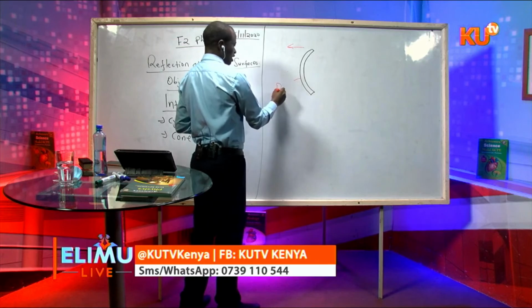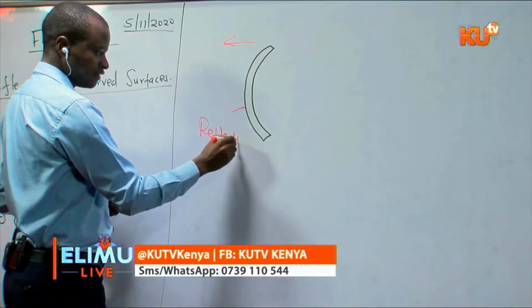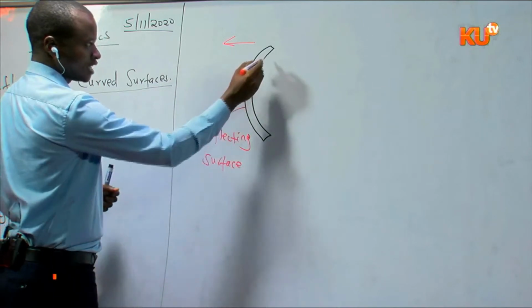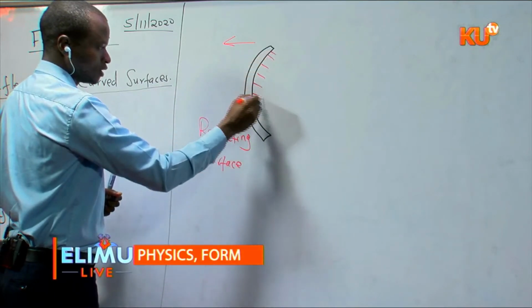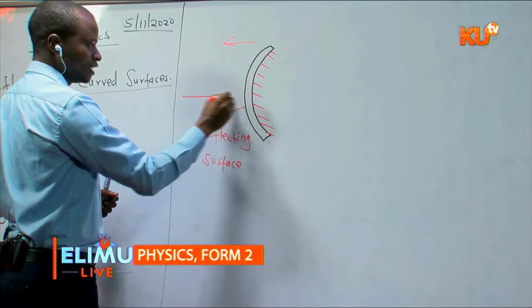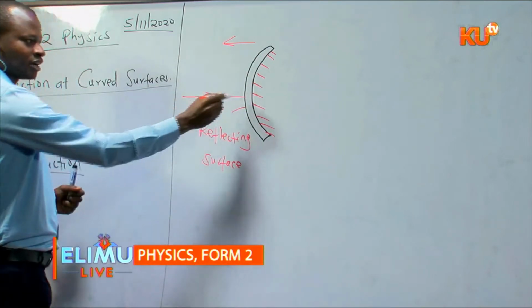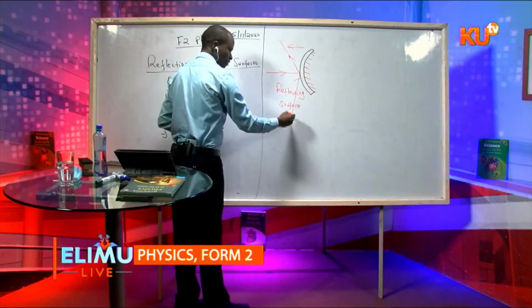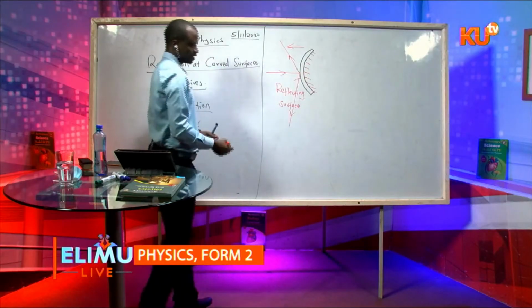So this becomes our reflecting surface. This other side is opaque. So as light comes from this other side, if light strikes that mirror, it will be reflected either that way or this way.